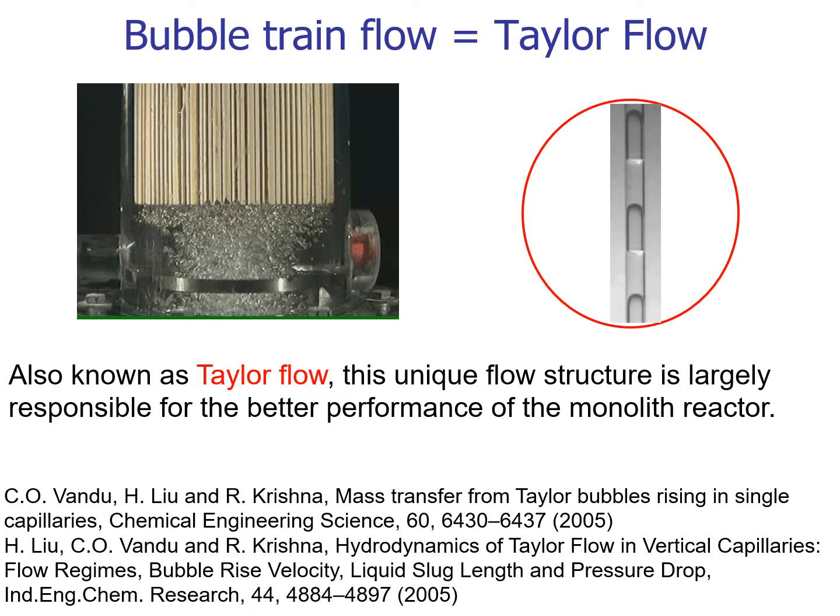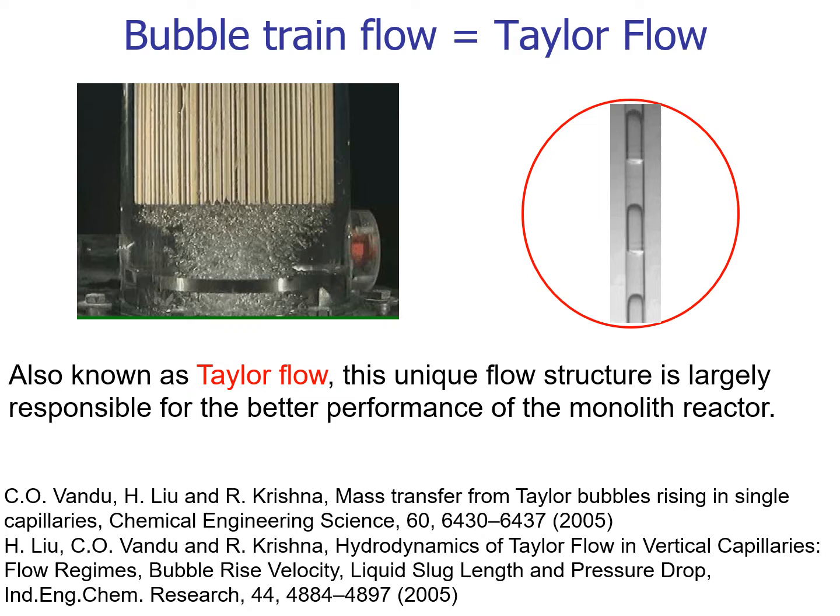We see bullets or slugs of gas bubbles that move as a kind of bubble train. This bubble train flow, consisting of slugs following one another in a uniform manner, is termed Taylor flow.